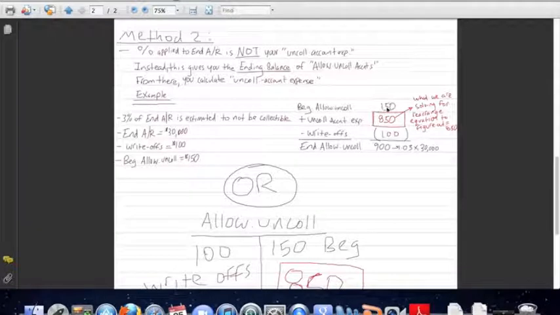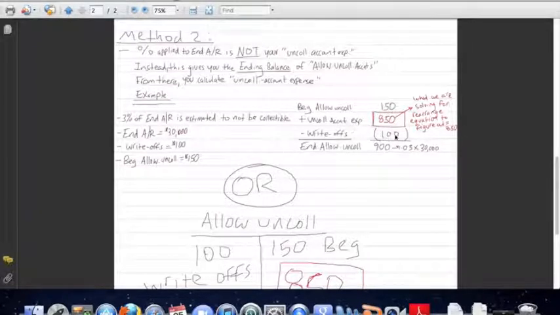So you have your beginning allowance of 150. This here is what you're going to be looking for, because remember, your beginning allowance plus your uncollectible account expense minus your write-off equals your ending balance. We're trying to figure out this red number here. I put the answer there, but we're not supposed to know that yet.